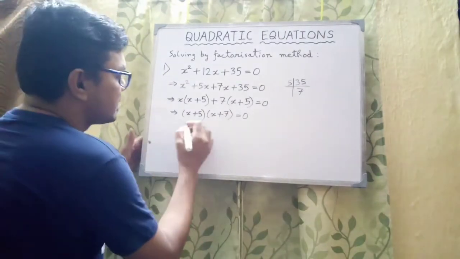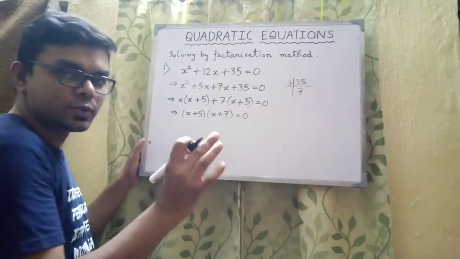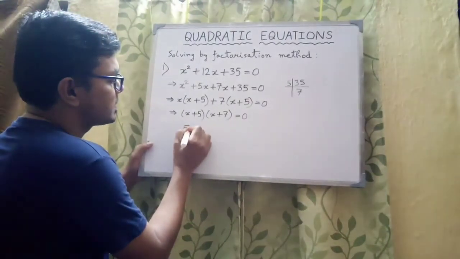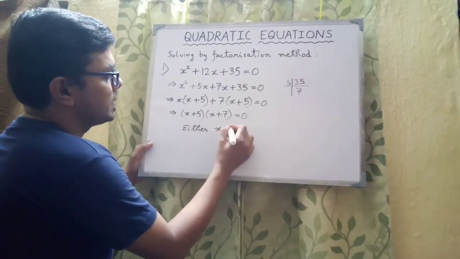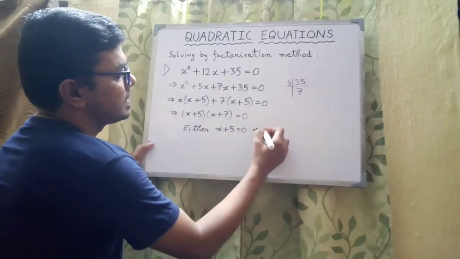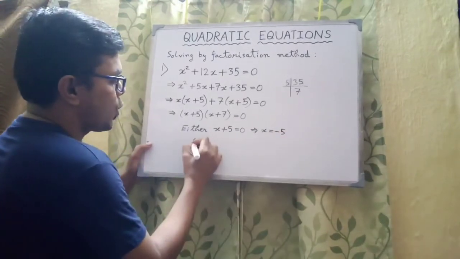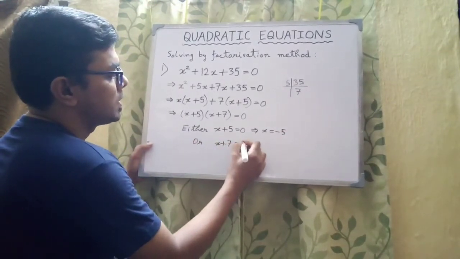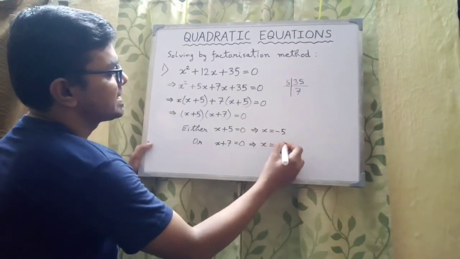Here we have to write in this way: the product of two expressions is 0. So either x plus 5 equals 0, that implies x equals minus 5, or x plus 7 equals 0, that implies x equals minus 7.